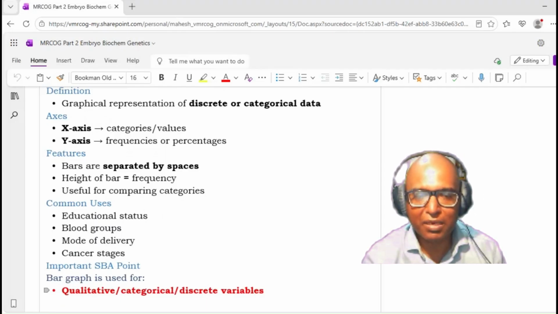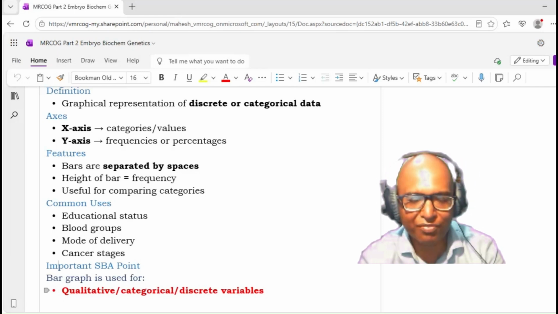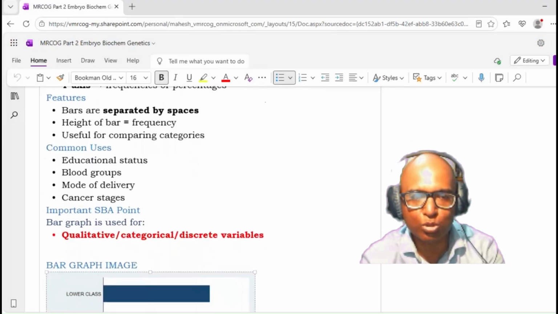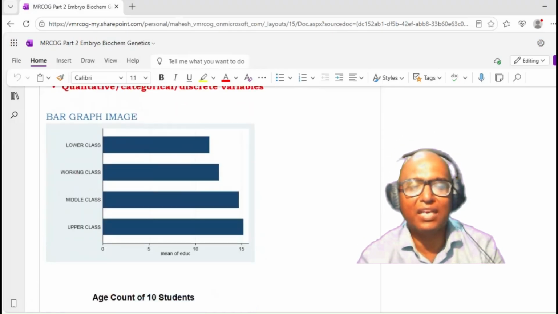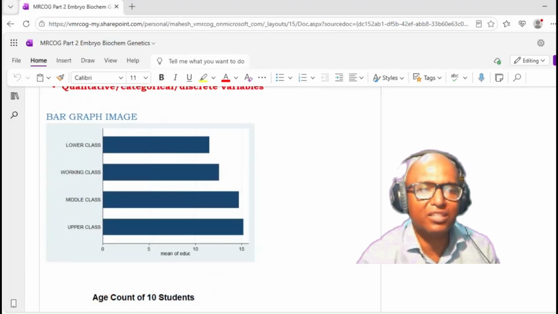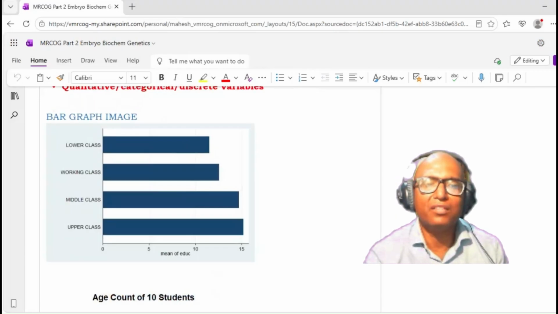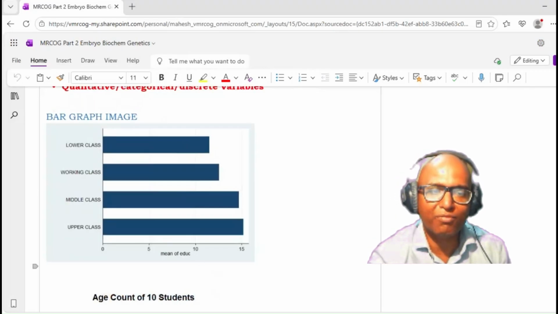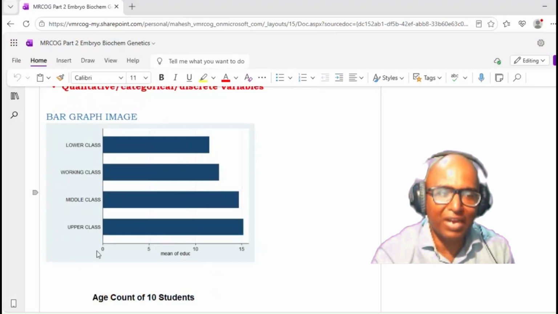Please remember this. This is an example of a bar graph. You have the lower class, the working class, the middle class, and the upper class, and this is the mean education. You have an x-axis and a y-axis.